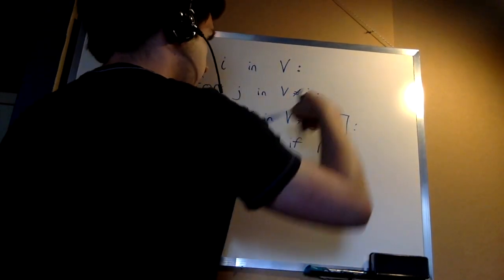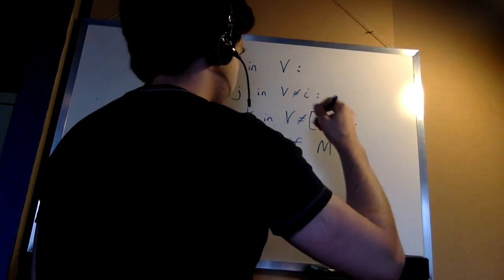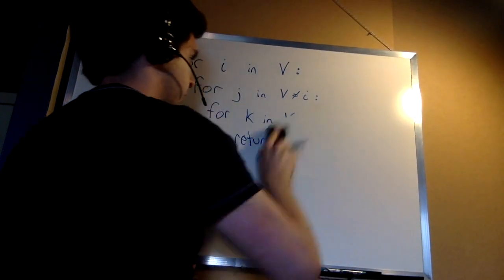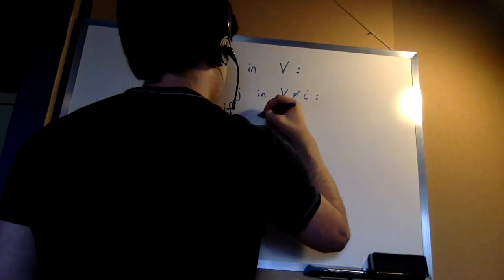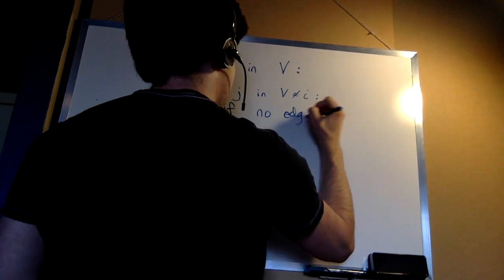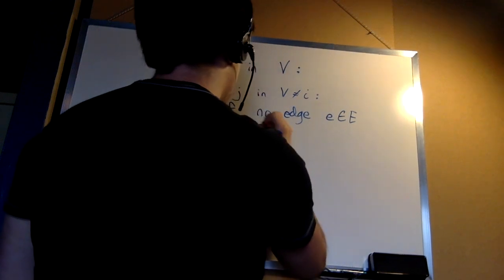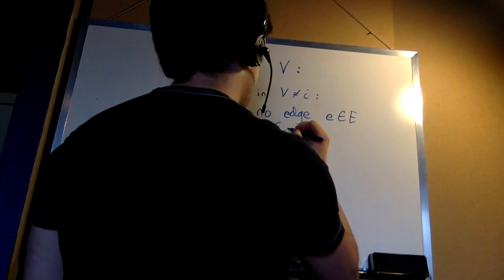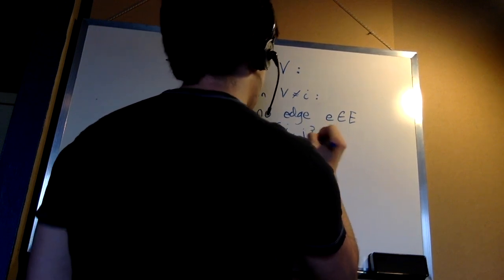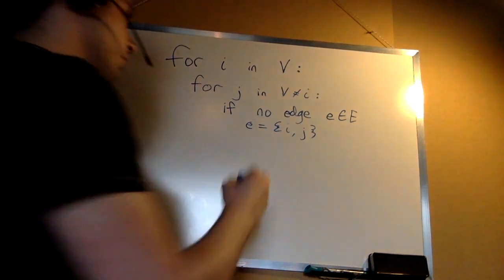and by the way, we want to know if there's no edge between these, then we just continue. So I'll just draw that out too. If there's no edge, E, which is a member of E, where E equals I, J, then continue.